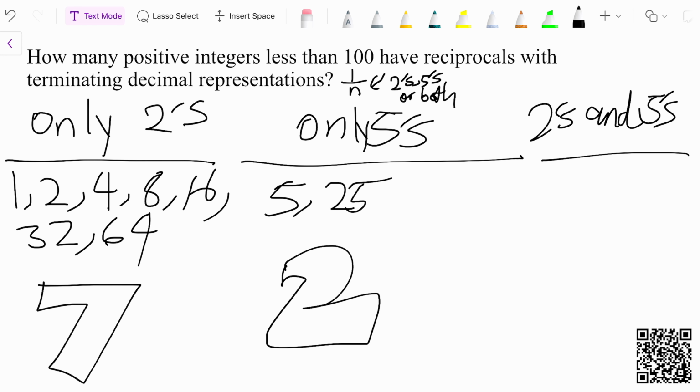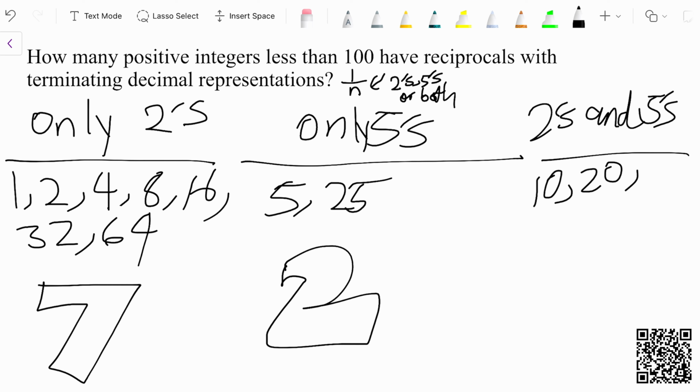Moving on to twos and fives. Since a 2 and a 5 make a 10, these are always going to be multiples of 10. If you have at least one 2 and at least one 5, they're going to make 10, and everything beyond that is going to be a multiple of 10. So our earliest one is 10 itself. Then we have 20.